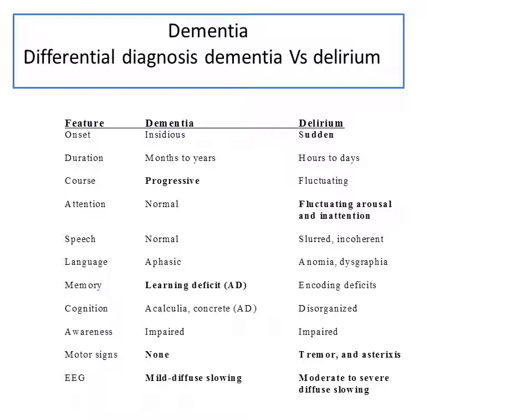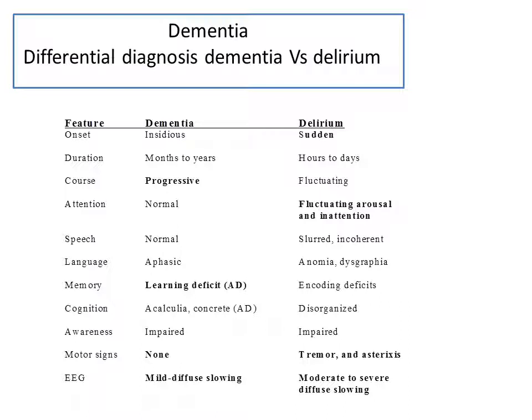On the other hand, delirium has a sudden onset with a fluctuating course ranging from hours to days. Attention is fluctuating. Speech is slurred. In language, there may be anomia and dysgraphia.